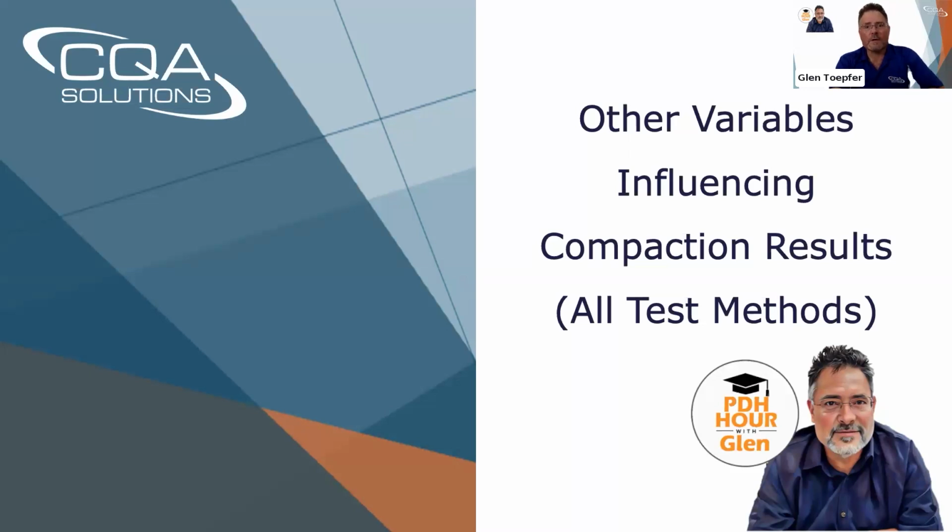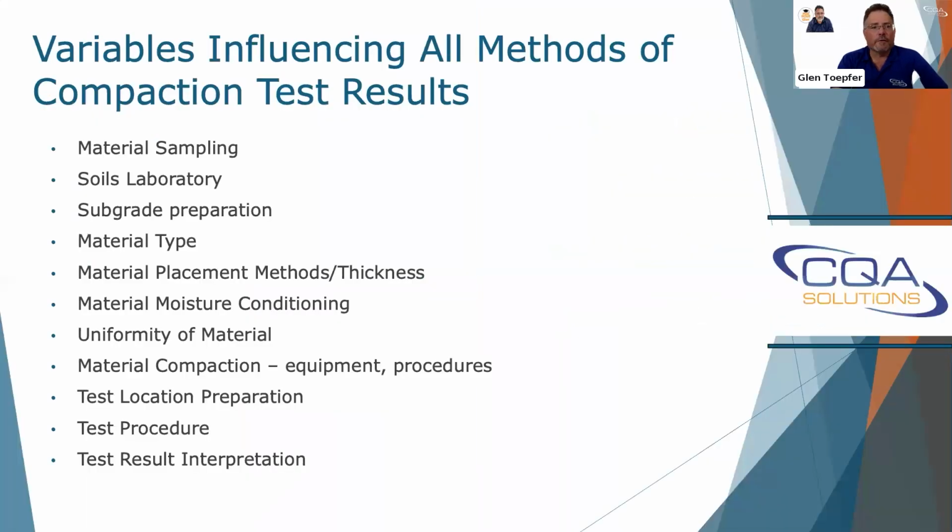So now I'm going to get into the other variables that really influence all the compaction test methods that you do. And I'll just go over a brief list of them here.